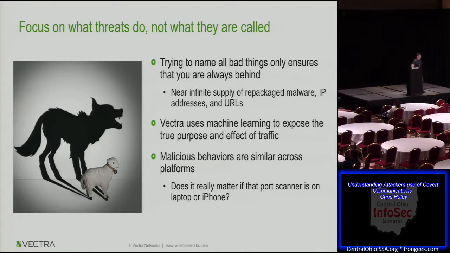A million is the latest data point on how many new variants of malware come out per day. It's impossible to do. So rather than name everything, we're going to focus on behavior and looking at patterns. Because it's Gmail, I can't necessarily write a signature around it, but I can look at the behavior and understand that within this permitted business application, I have a command and control session running.